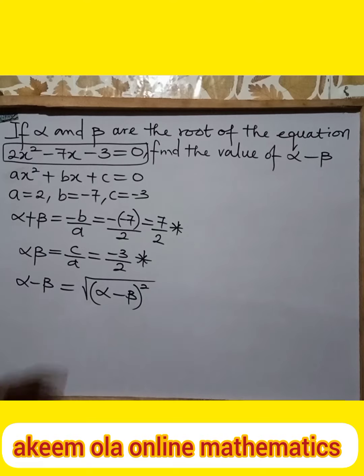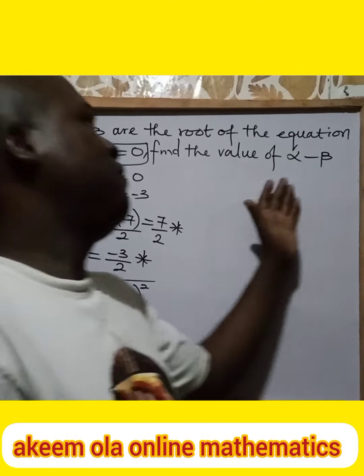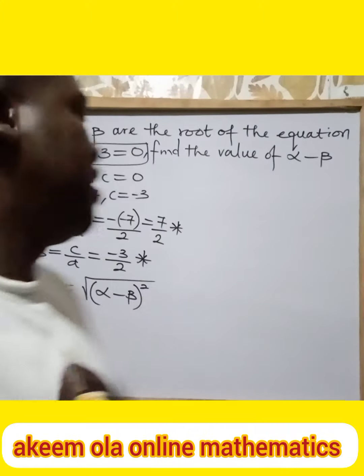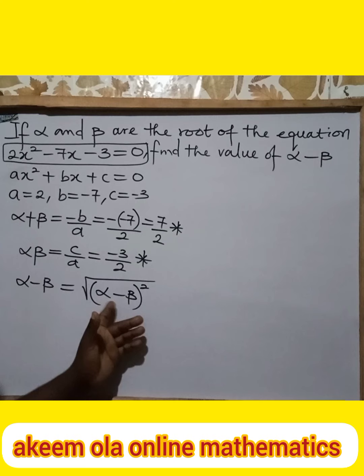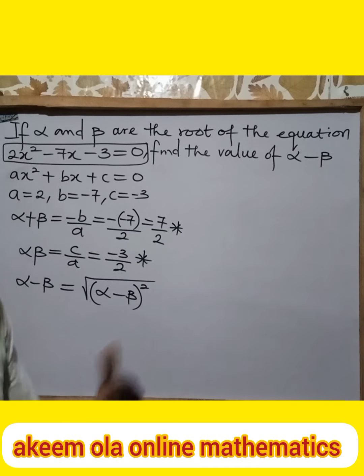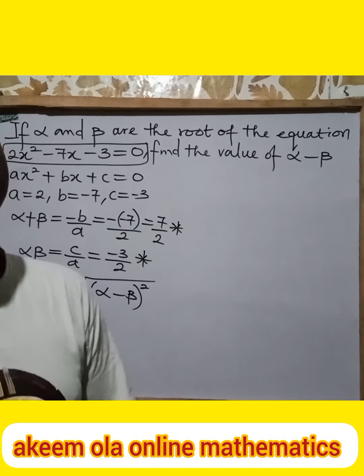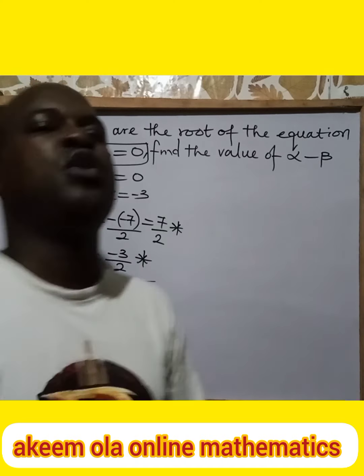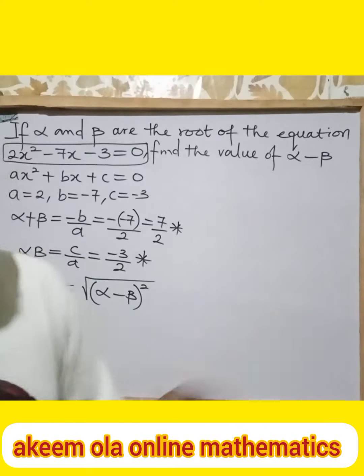From the question, they want us to find the value of alpha minus beta. If you look at this, there is no equation, there is no value for alpha minus beta. So we now need to simplify alpha minus beta in terms of the product and sum of roots. That is the only way we can solve it.